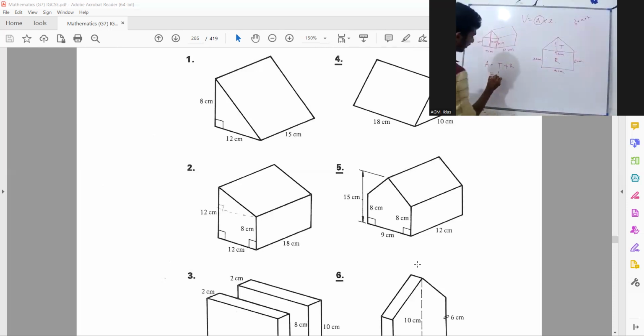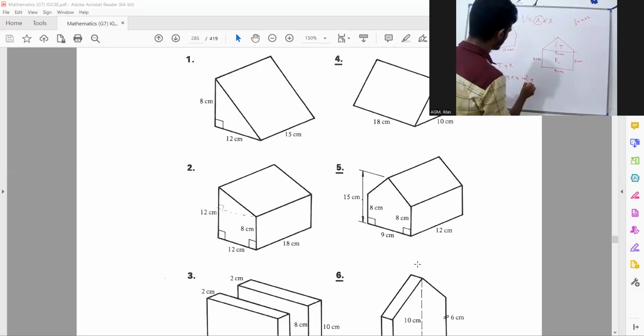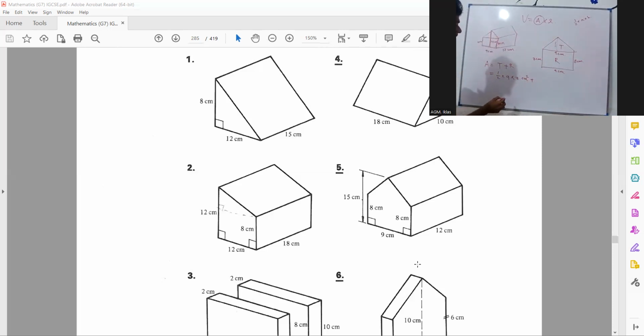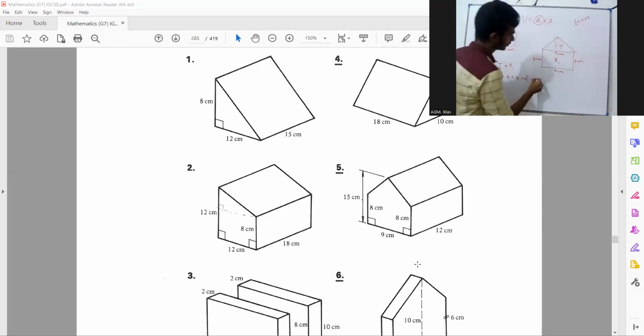So half into, this is base, 9 into 7 centimeter square, plus rectangle directly 8 into 9 centimeter square.